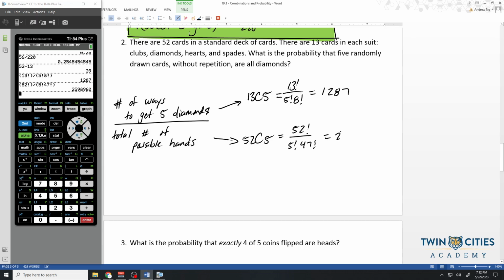All right, 2,598,960 total possible 5-card hands.